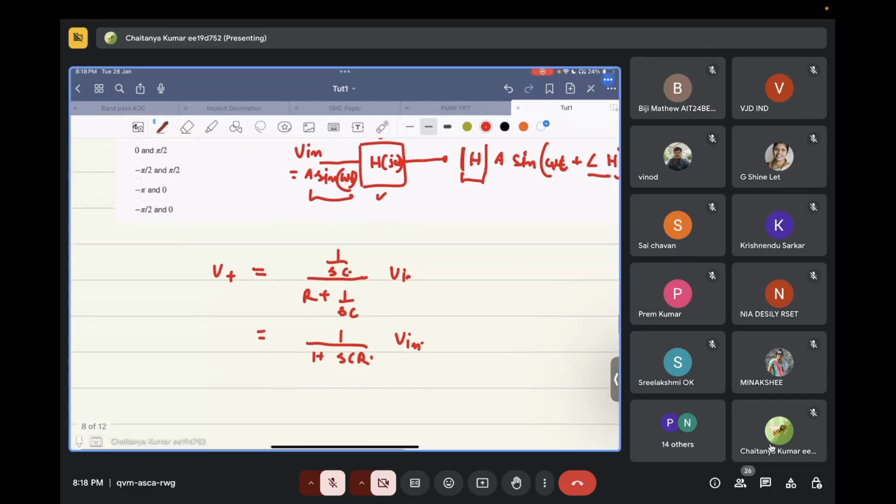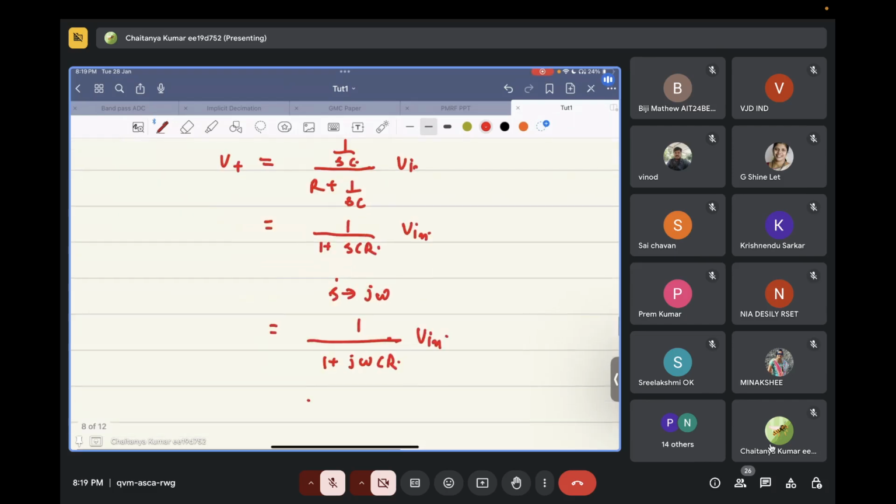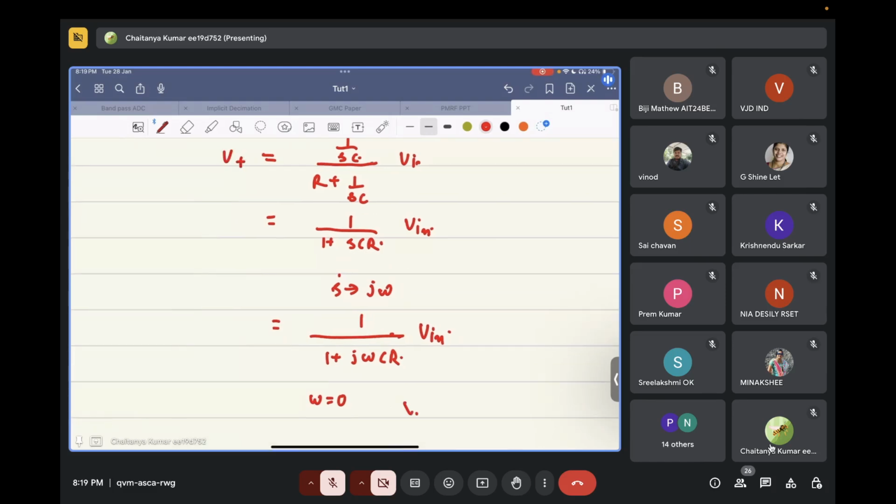So if you replace S by j omega, what we have is 1 upon 1 plus j omega RC times Vin. Now, if omega is equal to 0, that is a DC signal or a very low frequency signal, your V plus will be equal to Vin.